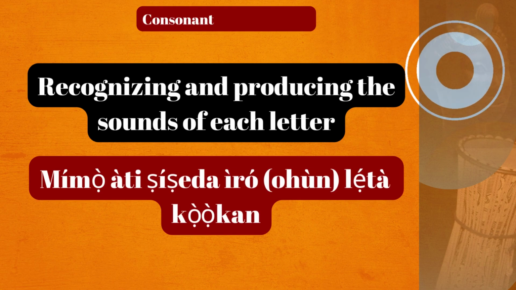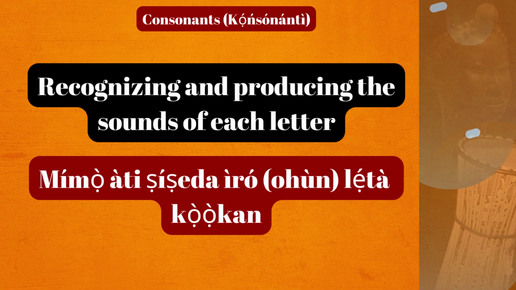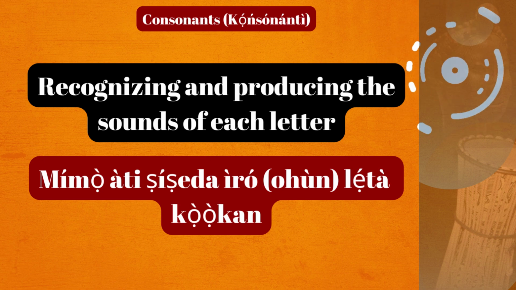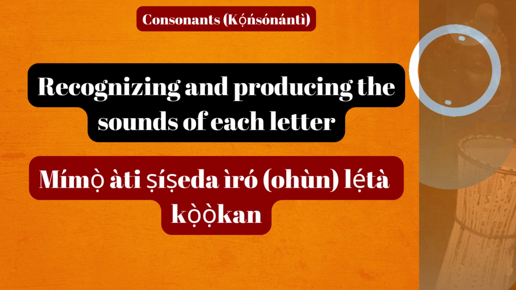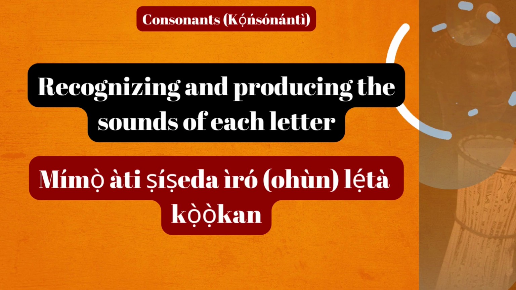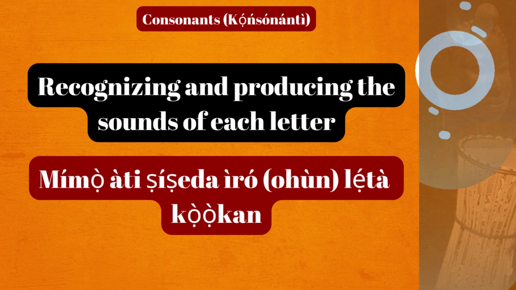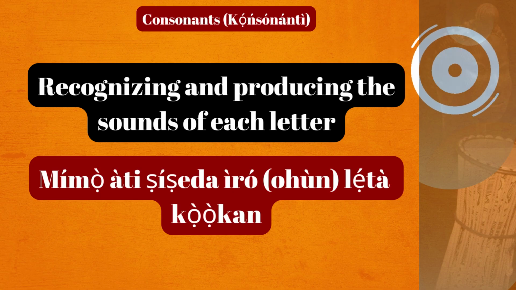Now, recognizing and pronouncing the sound of each letter of the Yoruba alphabet. Mímọ̀ àti ṣíṣẹ̀dá ìró lẹ́tà kọ̀ọ̀kan nínú èdè Yorùbá. Recognizing and pronouncing the sounds of each letter in Yoruba alphabet.